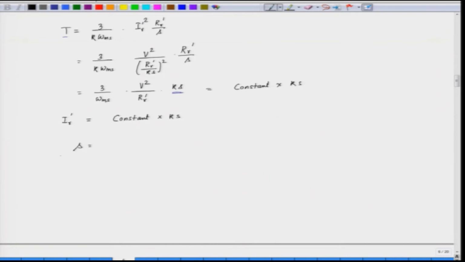The slip in this case is the synchronous speed, which is k into omega m s, minus the rotor speed, divided by the synchronous speed. This is the value of s, the slip. So, k into omega m s minus omega m is called the slip speed, divided by k into omega m s, because this is the synchronous speed and this one is the rotor speed.